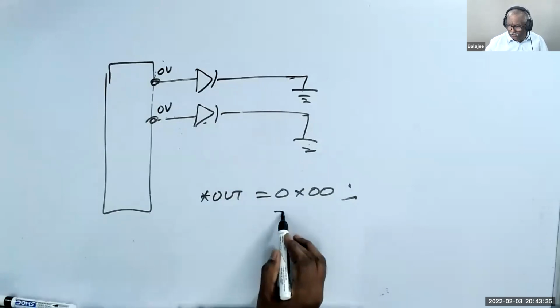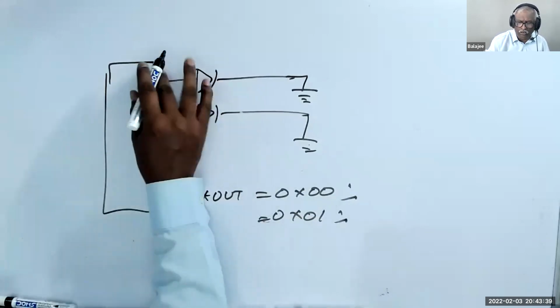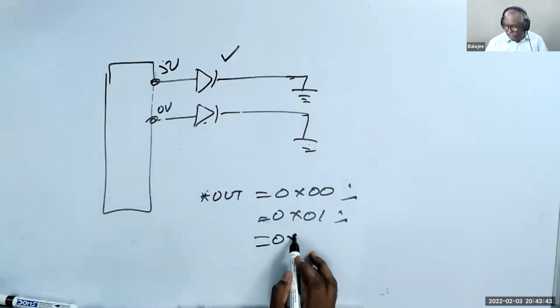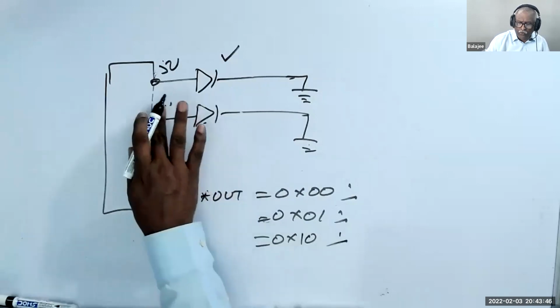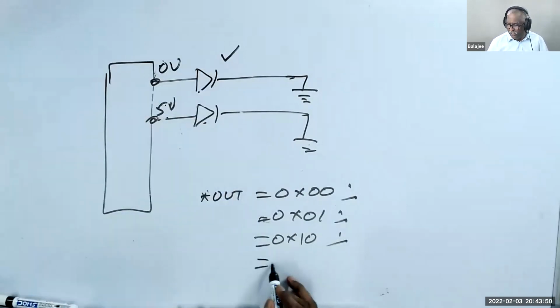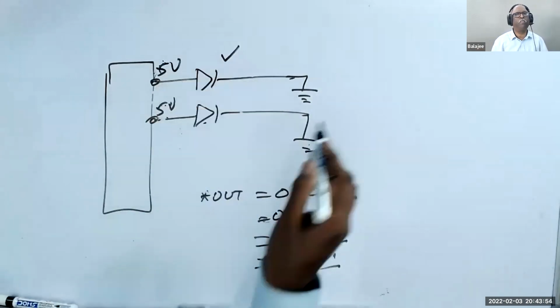If I give 0x01, then 0 volt and 5 volt, this LED will glow. If you put 0x10, this is 5 volt, this is 0 volt, this will glow. If you give 0x11, both are 5 volt, both will glow. Understand?